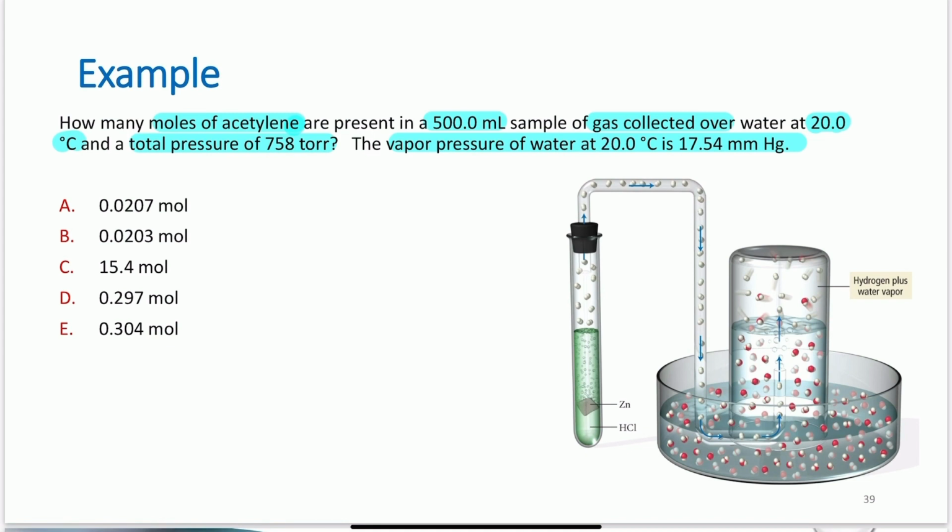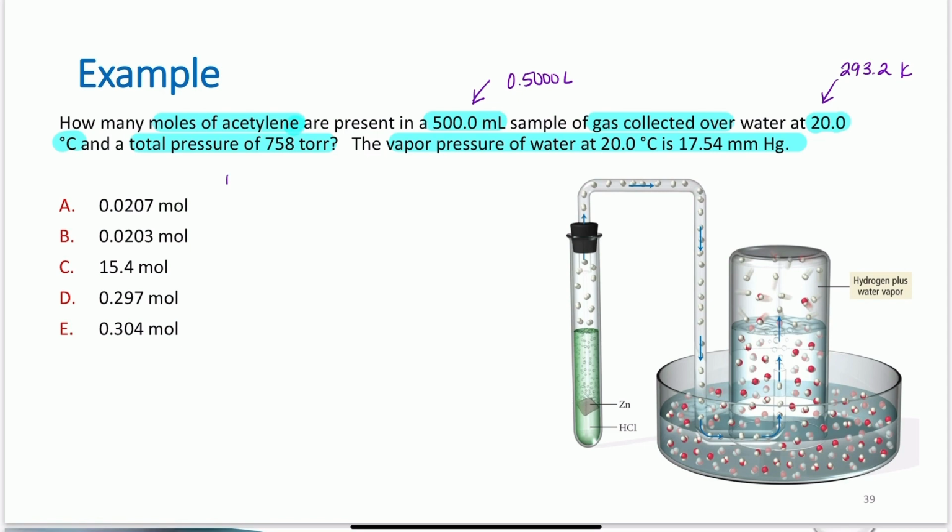20 degrees C in Kelvin is 293 K. There is a 0.2 there, so I would say 293.2 K. 500 mL, I need that in liters, 0.5000 liters.